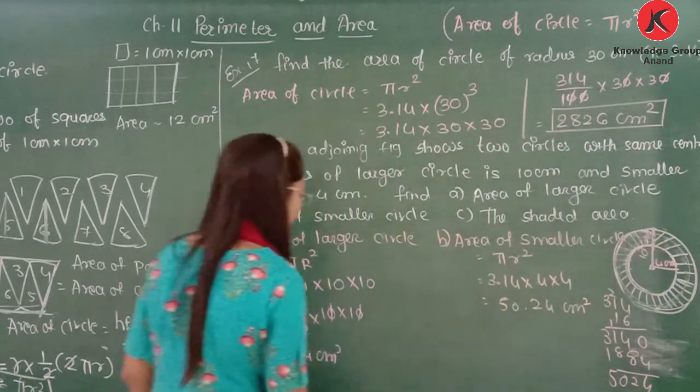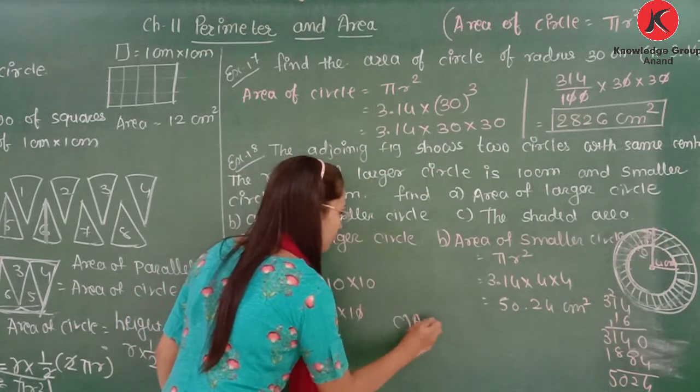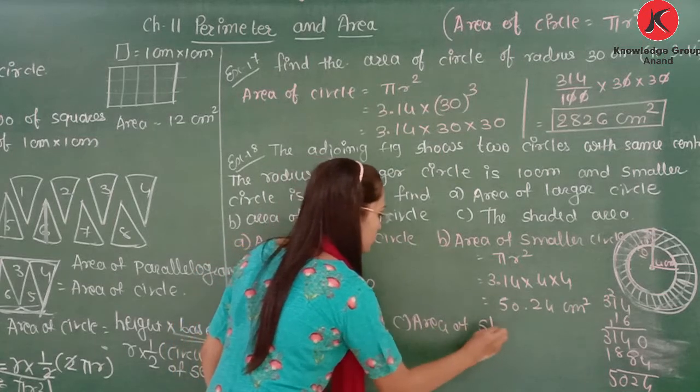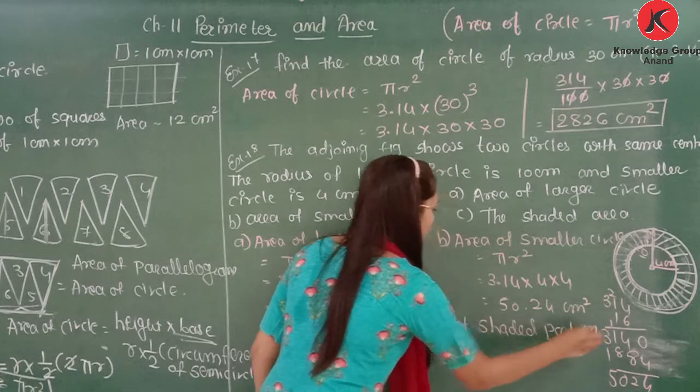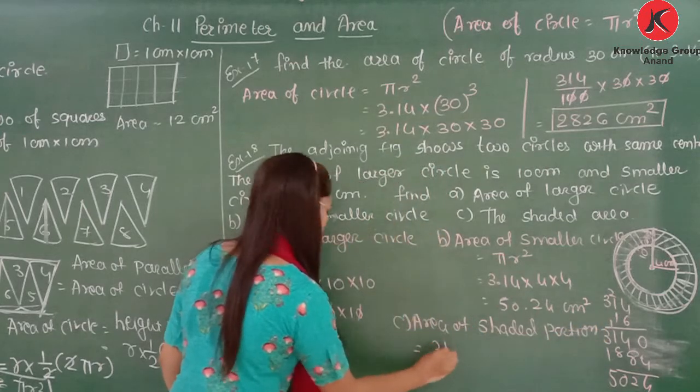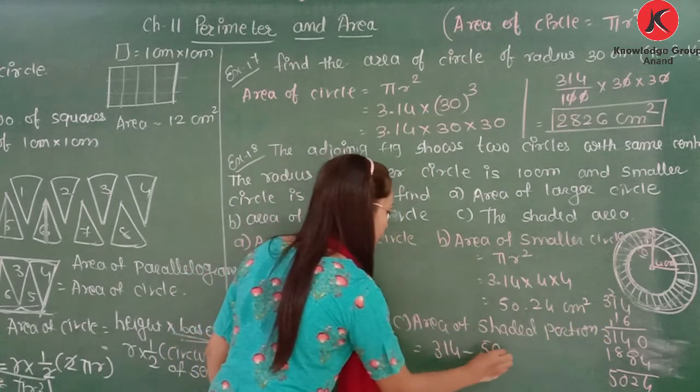So you can find the area of the shaded portion, that is 314 minus 50.24.